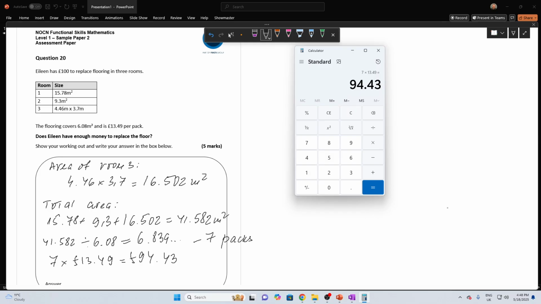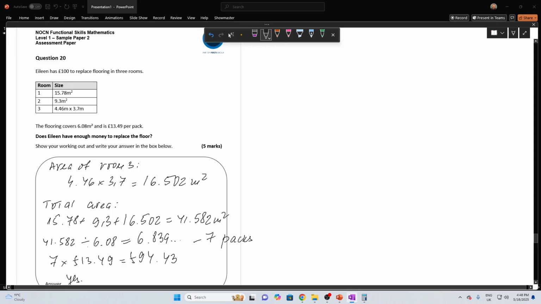And does Eileen have enough money? So yes, she has enough money. Because do you remember, she has 100 pounds and basically she needs 94.43.